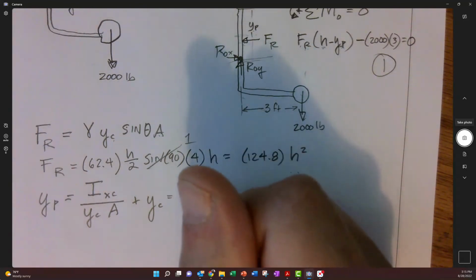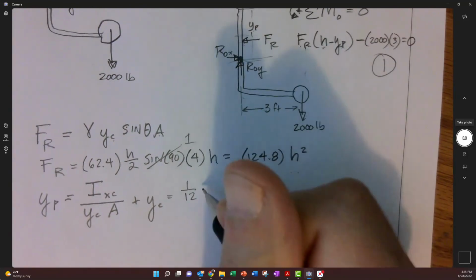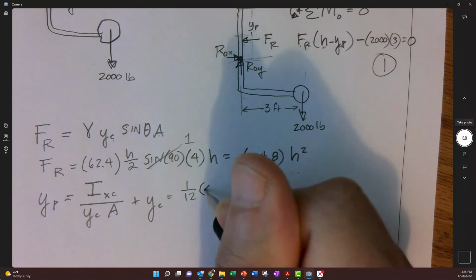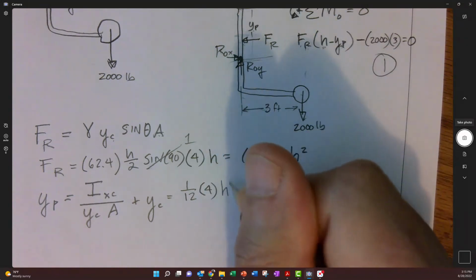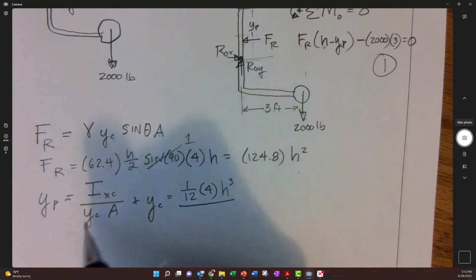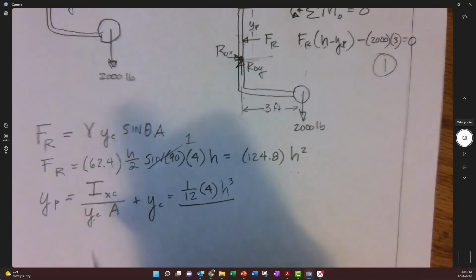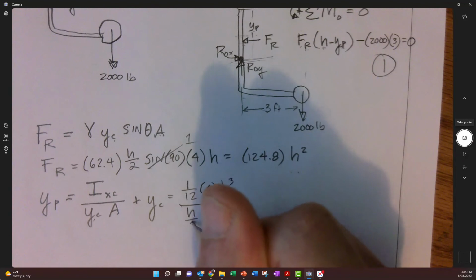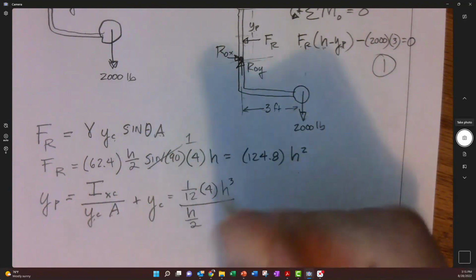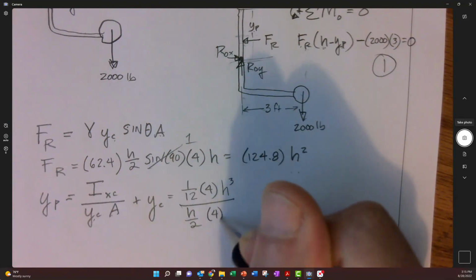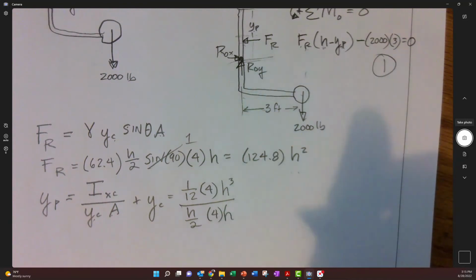So that's 1/12 base, which is the width in this case, so 4 times H cubed, divided by YC, which we knew was H over 2, and divided by area, which is 4 for the width and H for the height.